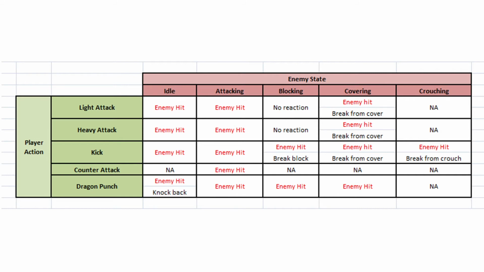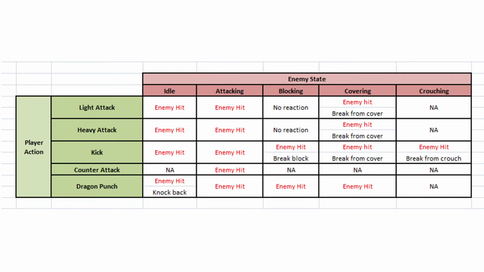In this particular game, we've got a light action, a heavy action, a kick, a counter attack, and a dragon punch, which is a special kind of attack. It may have been built up by using combos, not quite sure. And the enemy states can be in various different states: idle, attacking, blocking, covering, or crouching. You can read, I hope, as well.